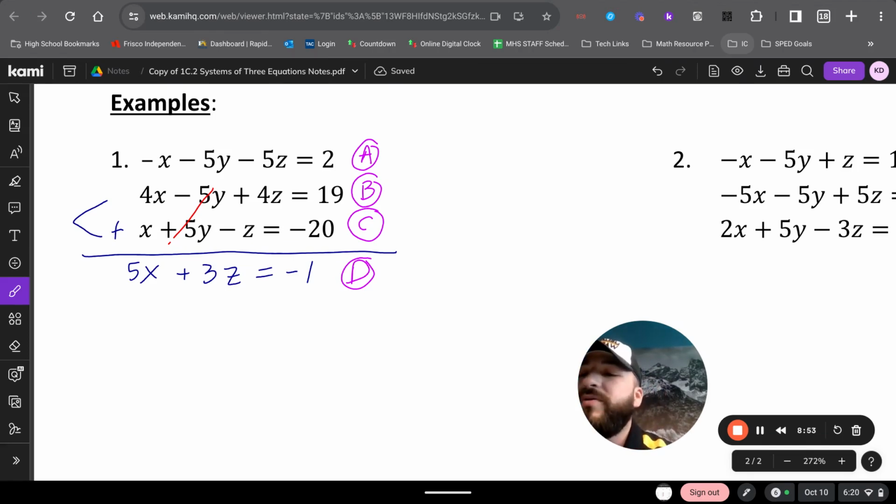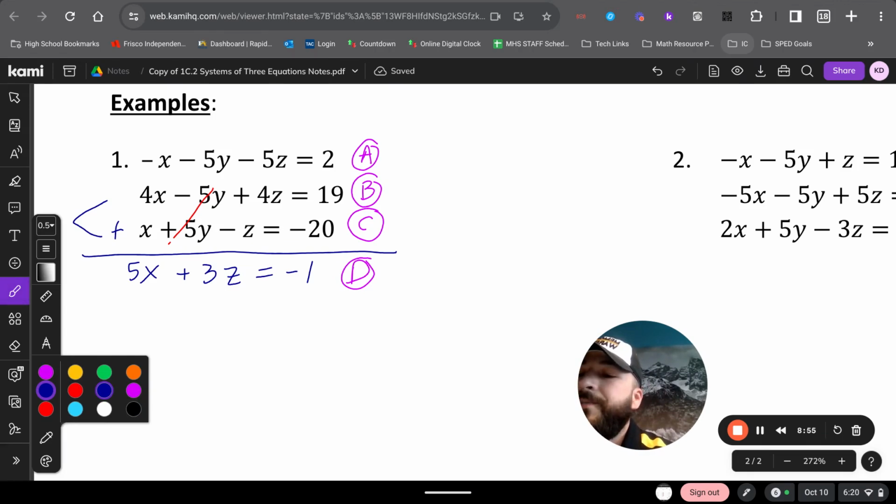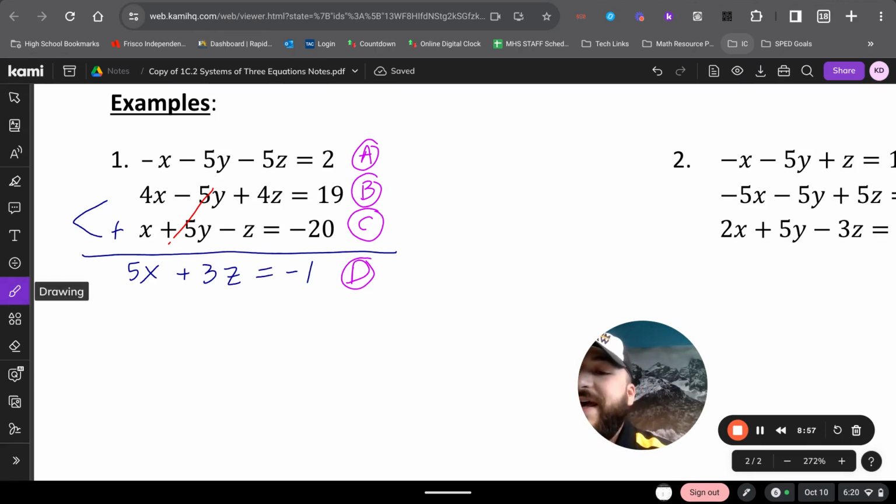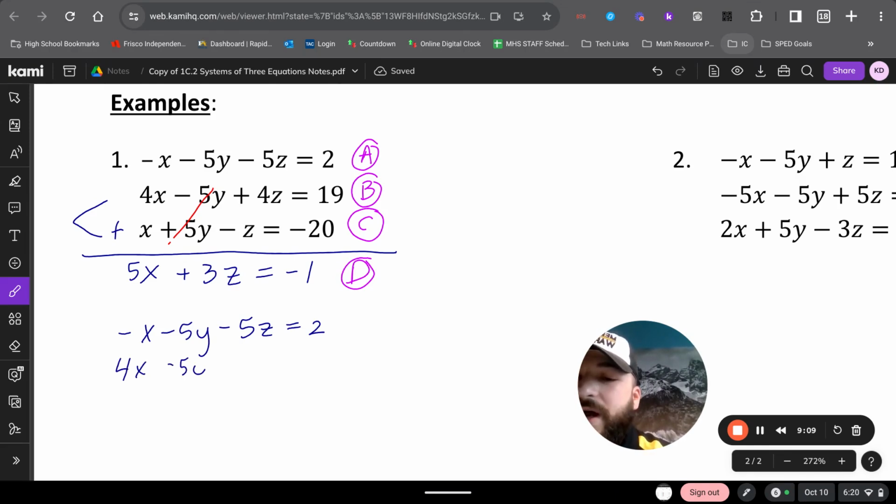So I'm going to rewrite both of those equations for us. So we have negative x minus 5y minus 5z is equal to 2, and 4x minus 5y plus 4z is equal to 19.